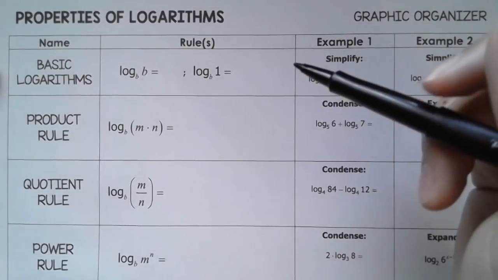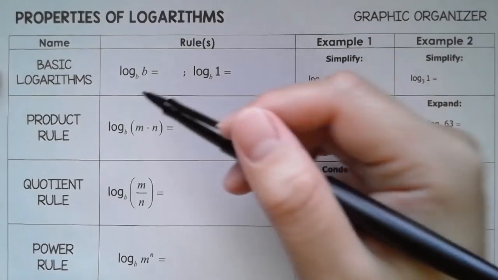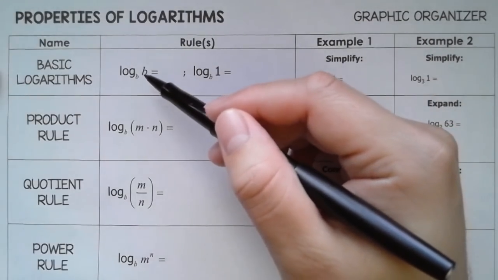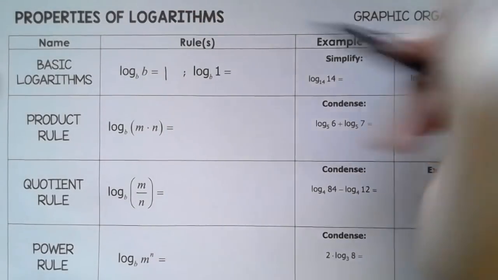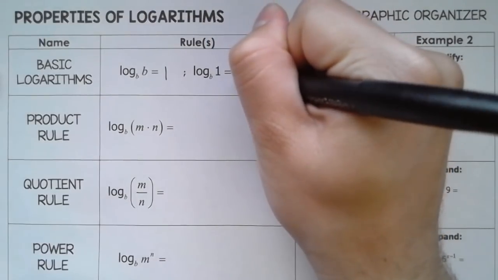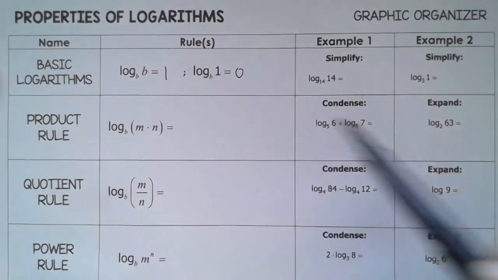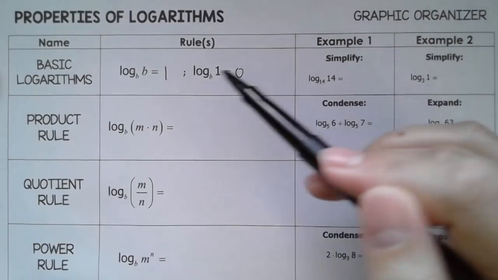So back to concept 43, we showed that when you have the log base b of b, the same two terms there, you're going to get 1. Log base b of 1 is always going to be 0. And these examples here will show what these mean.